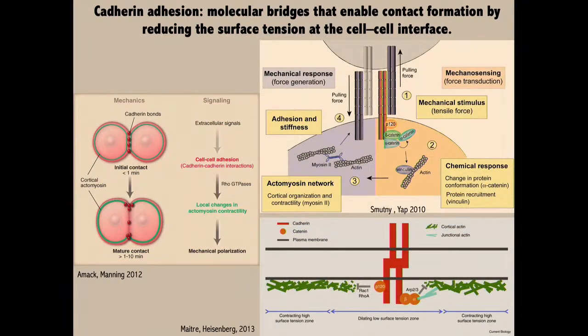Another integral component of the plasma membrane are molecules that we call adhesion molecules that act as bridges between adjacent cells. So the brown molecules here form molecular bridges with similar molecules on the other cell, and through their links to the cytoskeleton, they can exert forces.